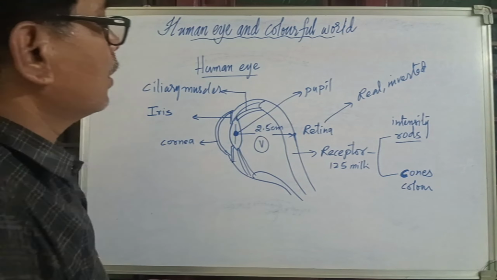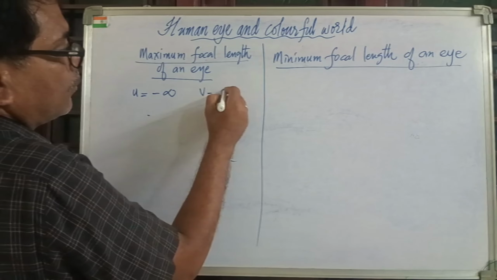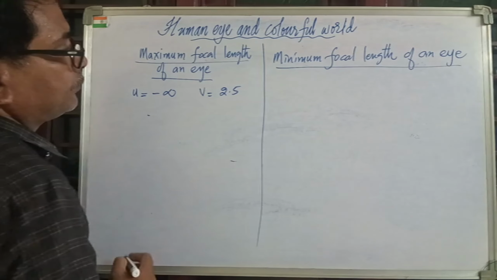Since you are finding the maximum focal length, the derivation is very easy, but you have to keep the word maximum in mind. As I told you previously, u has two values: one will be 25 and the other will be infinity. So maximum means the object distance is infinity, and v, since you are speaking about the human eye, is 2.5.